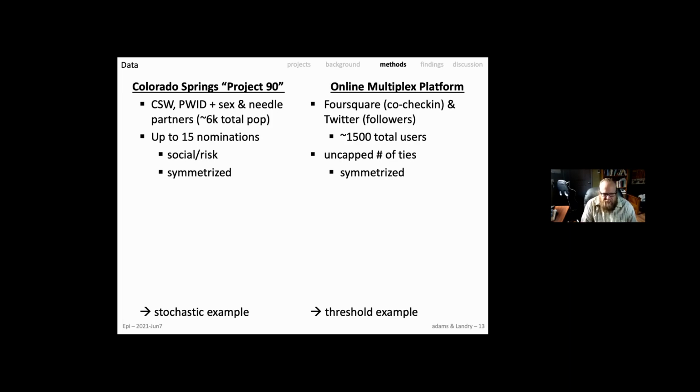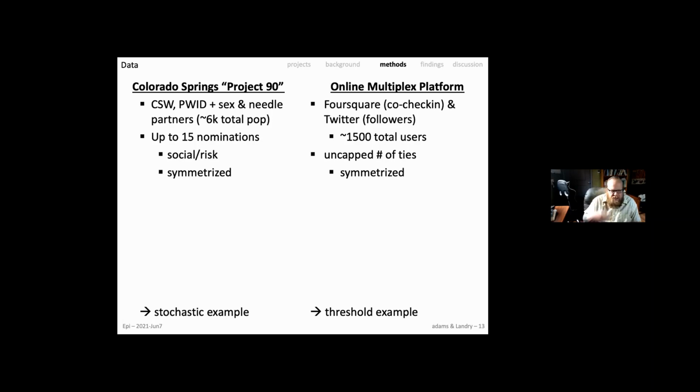On the relationship side, these are quite different. In the Project 90 data, each person could nominate via a survey up to 15 partners. Those 15 partners represent 3 different types of ties: who they socialize with, who they inject drugs with, and who they have sex with. We're only using the sexual partnership and the needle sharing partnerships.